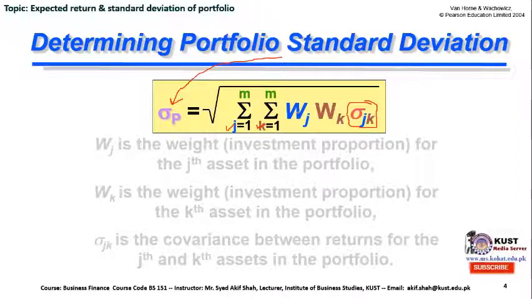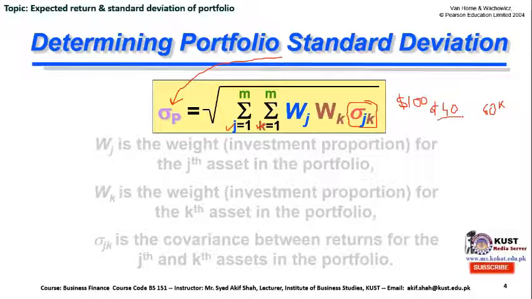This weight belongs to, for example, the fact that we are going to invest only $100 in total. Out of this $100, how much we invest in J stock and how much in K stock is referred to as the weight. For example, we invest $40 in the stock of J company and $60 in the stock of K company.